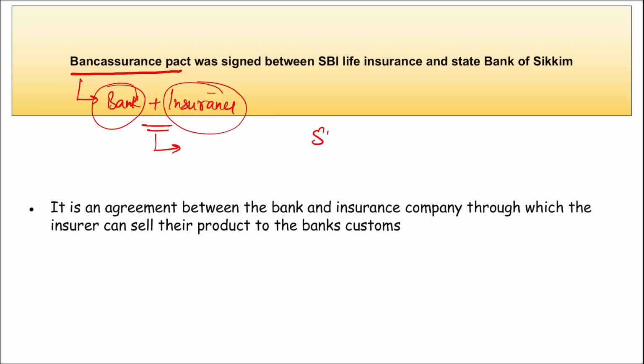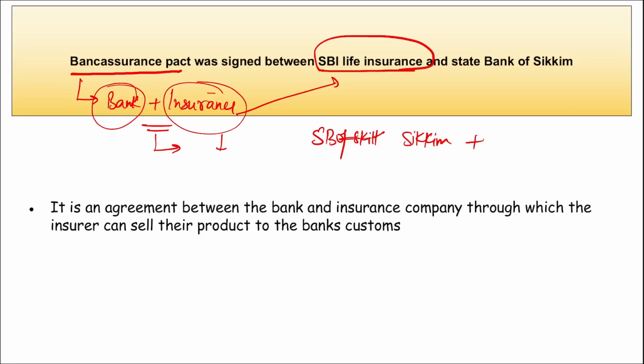It is your State Bank of Sikkim, right? State Bank of Sikkim. And which is the insurance company here? It is your SBI Life Insurance. So SBI Life Insurance will be selling their insurance products to the customers of the bank. Correct? So this is your Bancassurance Pact.